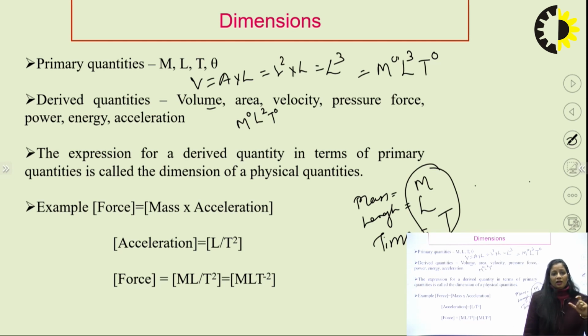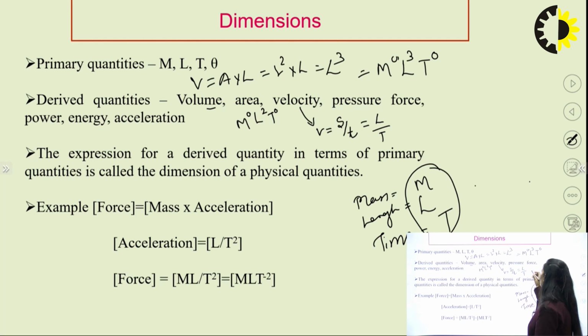When we talk about velocity, velocity is what? Length divided by time. Okay. So you can write the equation for velocity as S by T. S is simply length, and T is time. Still, mass is not involved in this formula.